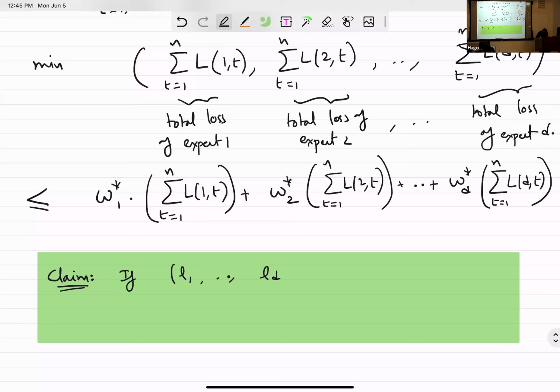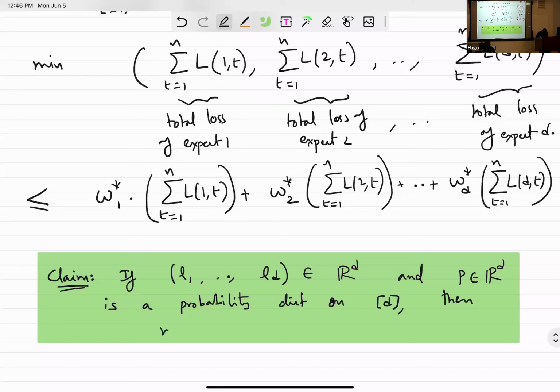If I have a vector L like this, and P is a probability distribution on D, then for any probability distribution on the coordinates, this inner product is always at least the minimum. Okay, so we're just using that as applied to W star. Okay. Any questions about this?